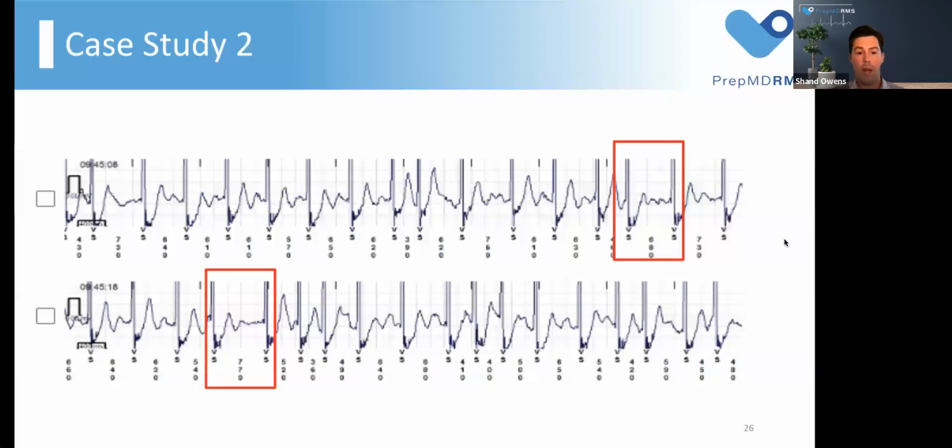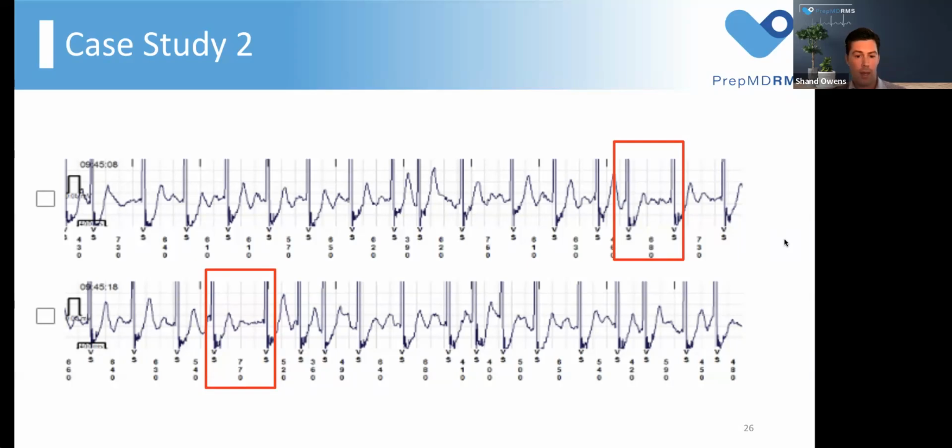In areas where the rate is faster, sometimes those AFib waves or flutter waves can be hidden in the T wave. So it makes it just a little bit harder to diagnose. So once you blow it up, make sure you look into those intervals that are a bit more extended.